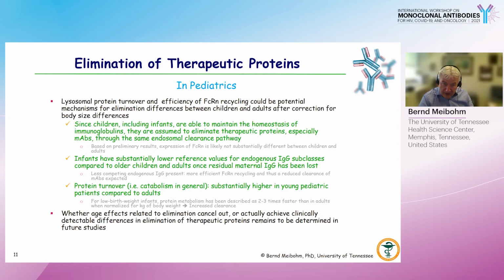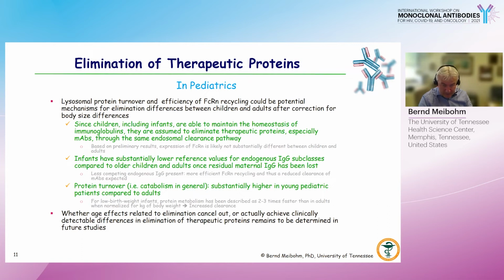However, infants have, as I showed you in the previous slide, substantially lower reference values for endogenous IgG subclasses compared to older children and adults. Once residual maternal IgG has been lost, that basically means less competition of endogenous IgG for the available FcRn recycling process, and thus a reduced clearance of the therapeutically administered monoclonal antibody would be expected.